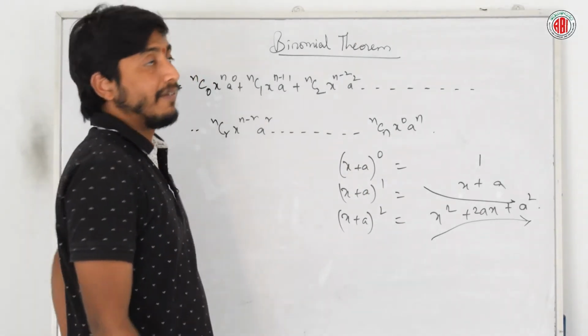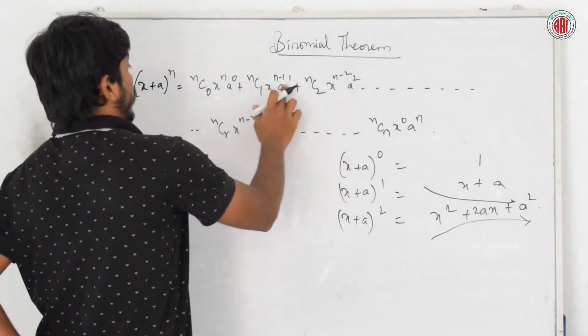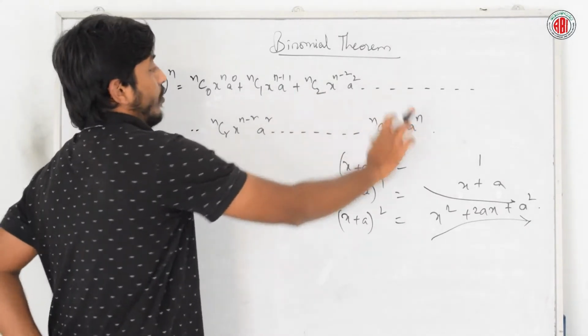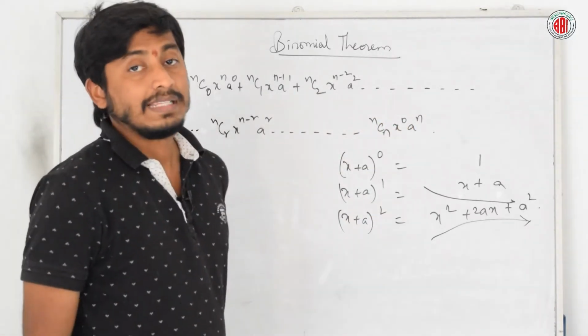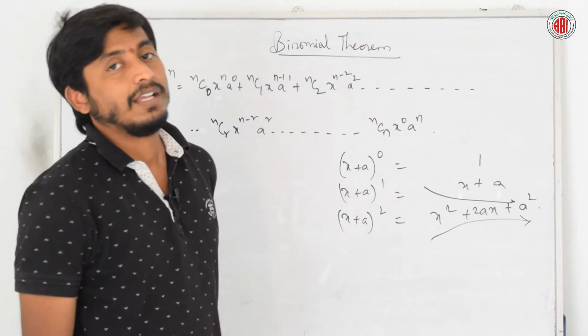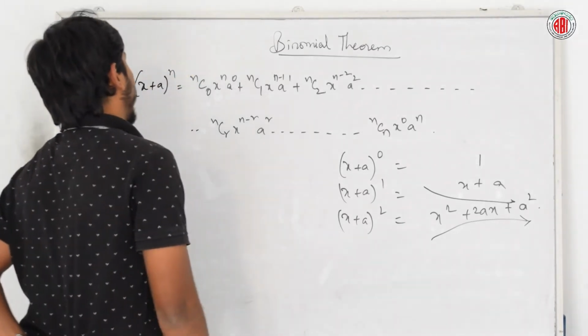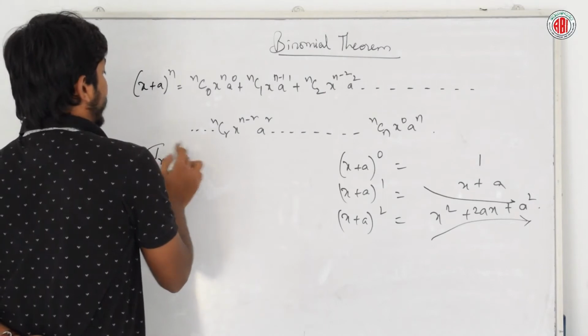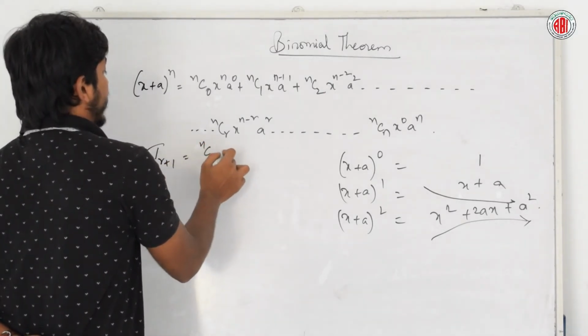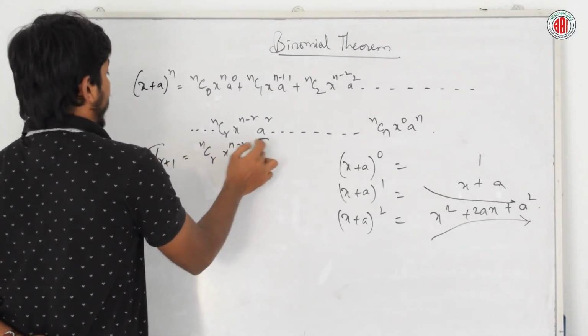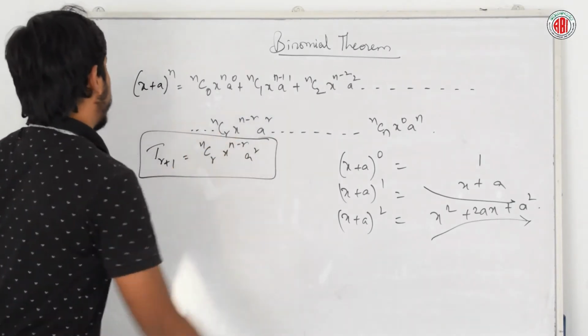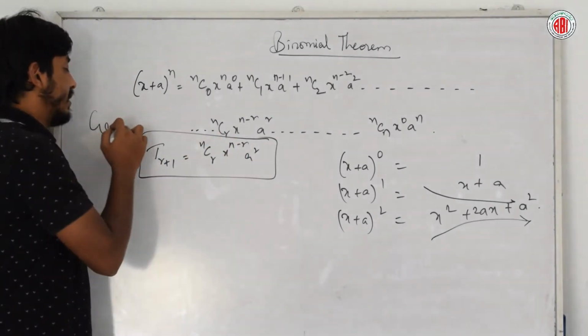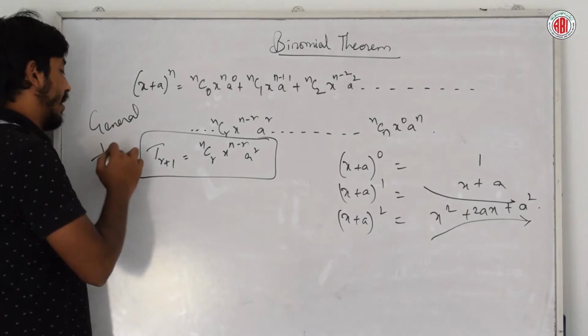Whereas a power also is increased, 0, 1, 2 and so on up to n. Is it clear? Fine. So we will write the general term which is given by T(r+1) in the form of nCr x^(n-r) a^r. This is considered as general term formula.